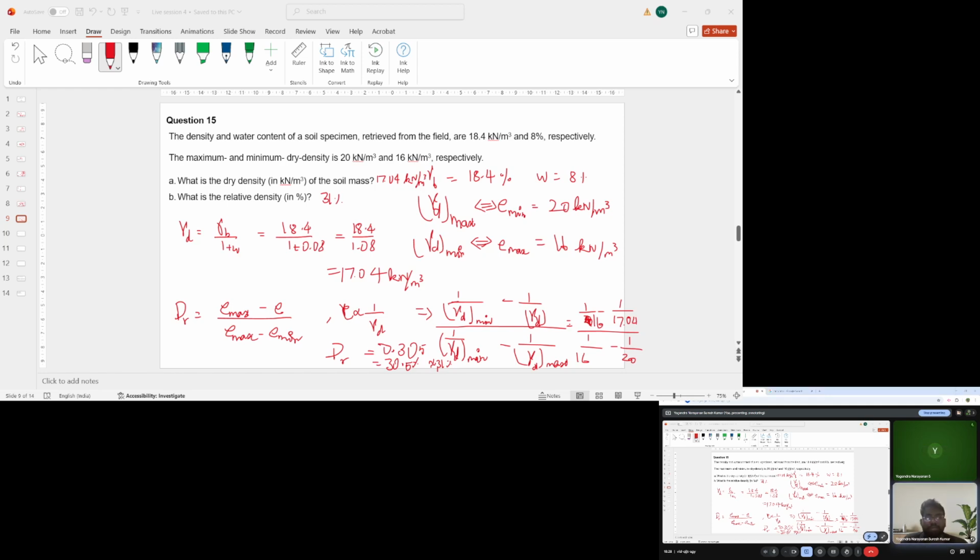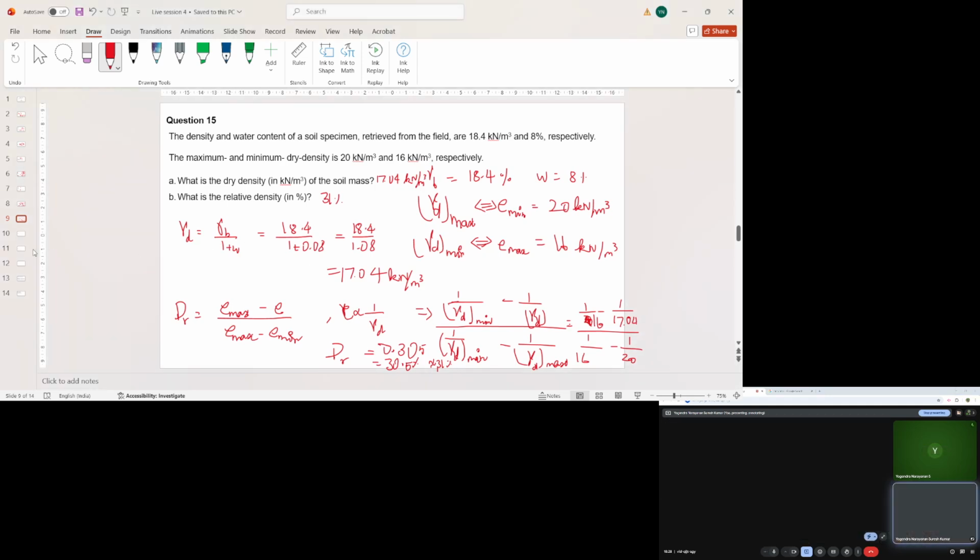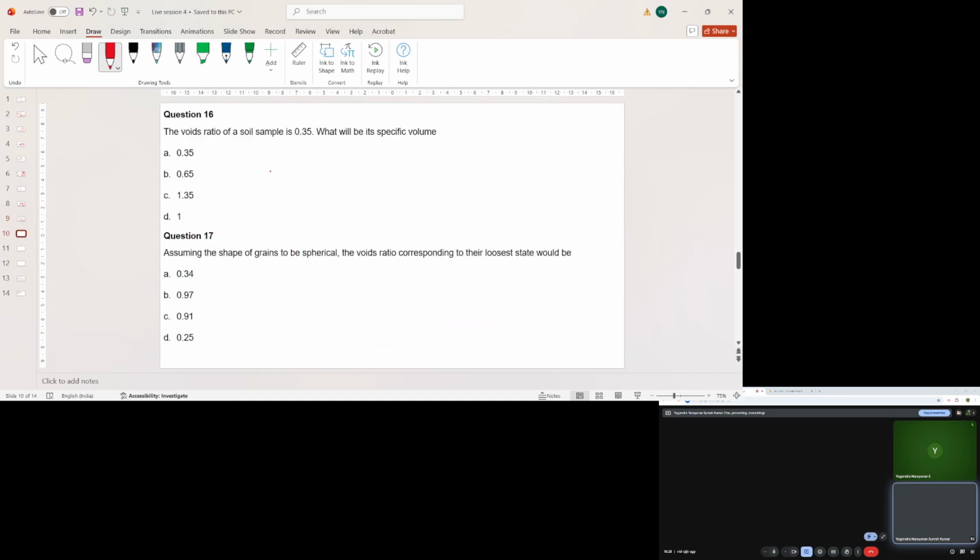Now coming back to the session, to the next question. If the voids ratio of the soil sample is 0.35, what will be its specific volume? Now, what is meant by specific volume?